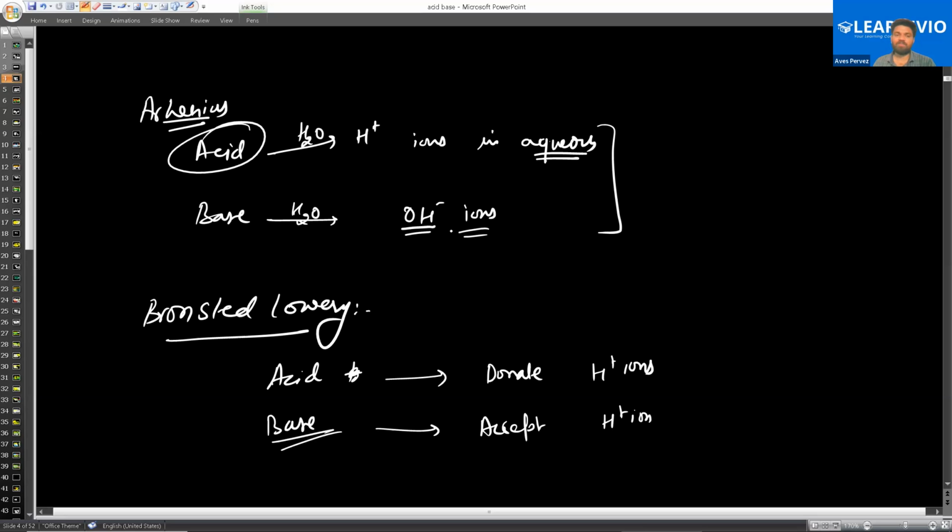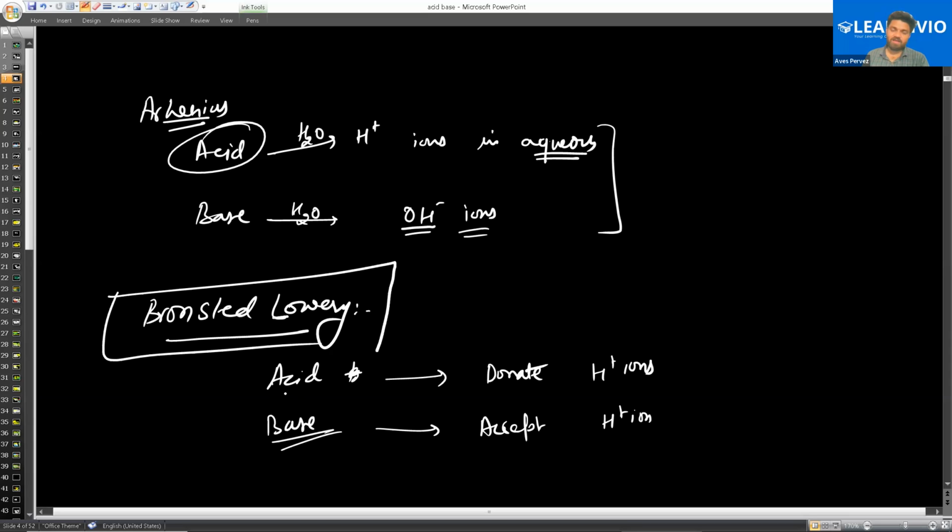Another scientist, Bronsted-Lowry, said that acids are those substances that donate H plus ions, and bases are those substances that accept H plus ions.